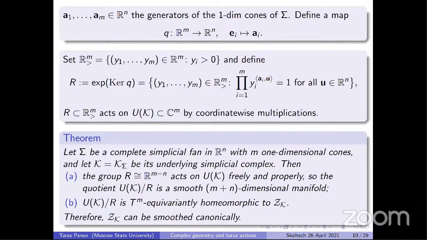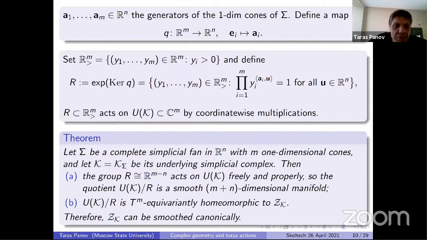What do you mean by saying the smoothing of the polytope Z of K by looking at it as an intersection of quadrics? Well, I haven't proved that.